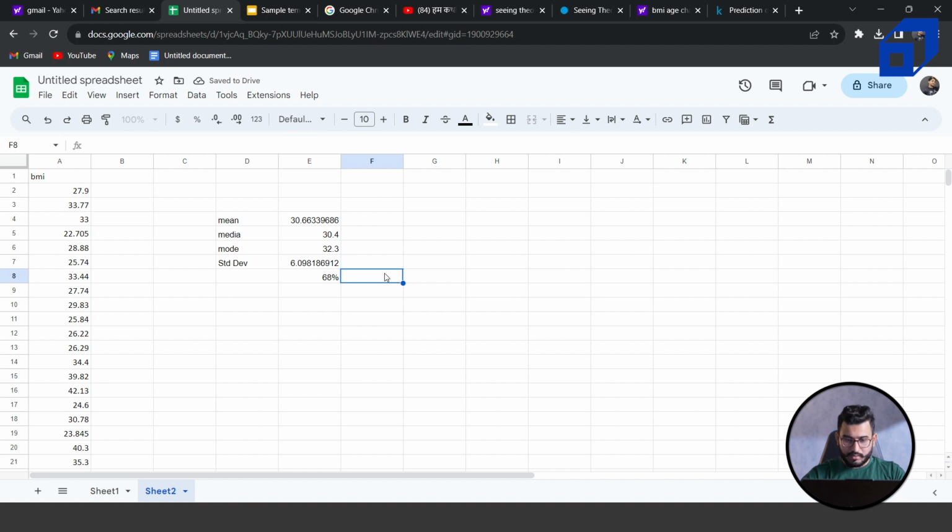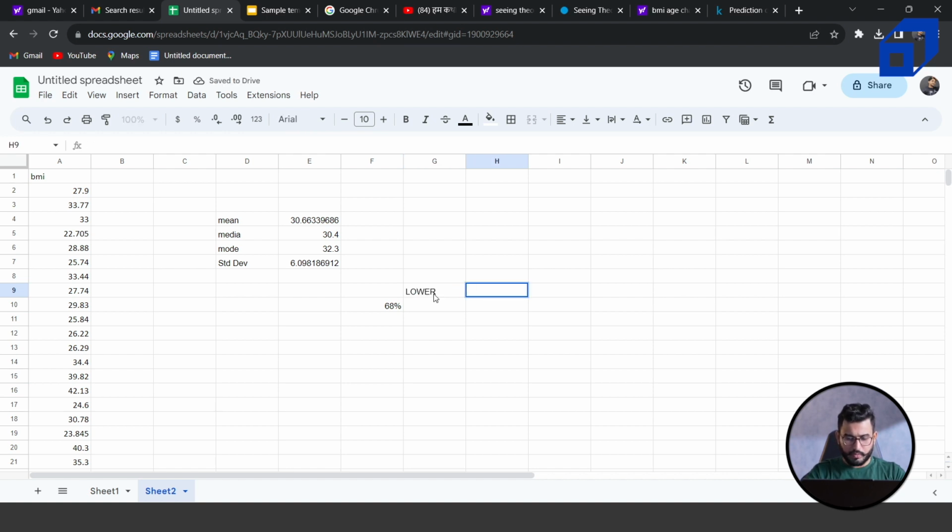Now let me create a table over here. This is my lower limit, this is my upper limit.